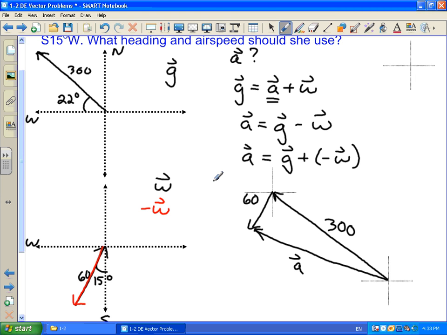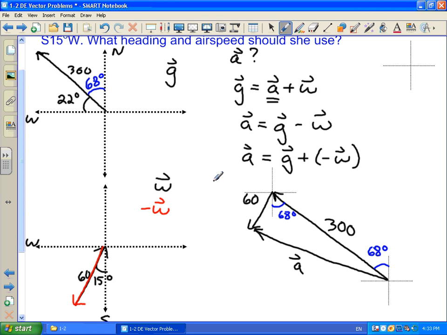We know that if this is 22 degrees north of west, this angle in here must be 68 degrees. So we can fill that in here, 68 degrees, right there. Well, if that's 68 degrees, then by this little Z pattern in here, this has to be 68 degrees in there.